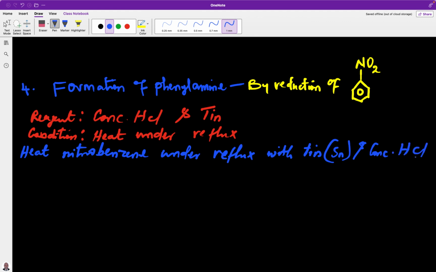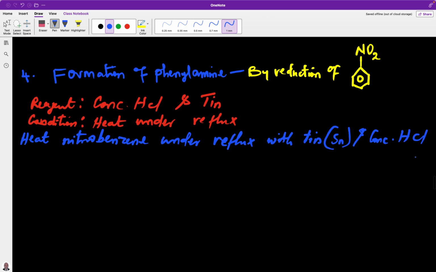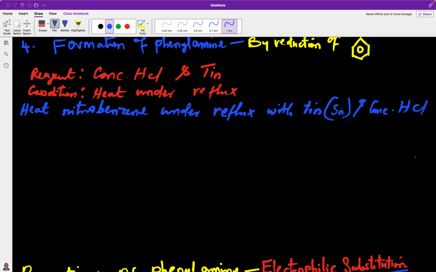And if you do that, what will be the product? See the reaction. Let me show you how the reaction is going to go. This is nitrobenzene. I said by reduction, and in reduction we will need hydrogen.